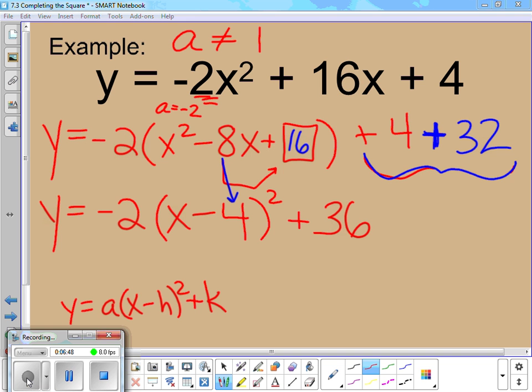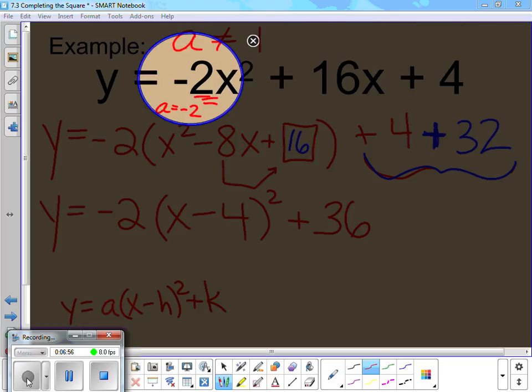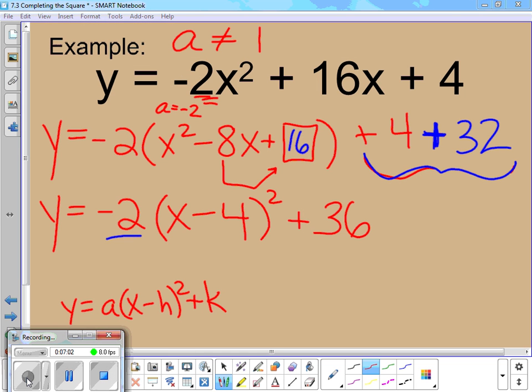This is a parabola whose y-intercept is 4. Does it open up or down? It opens down. Has it been dilated? Yes. Do we still see the dilation? Where's its vertex? 4, 36. We know a lot about it now.